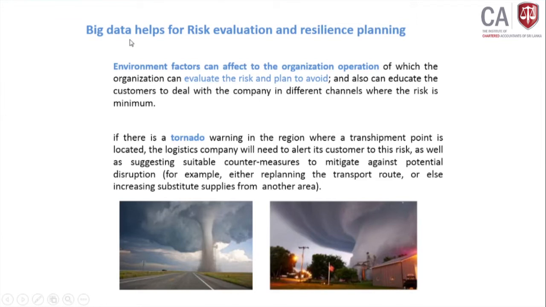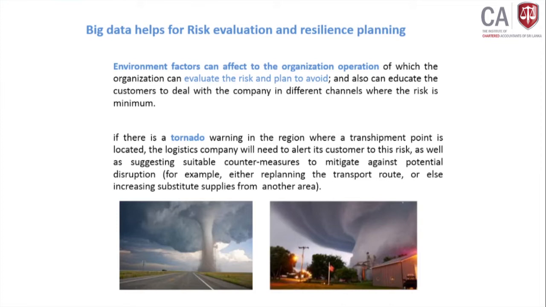Earlier, you know that because of the tsunami, most of the countries were demolished. Many people died. So why was it? Because big data was not used heavily at that time in order to identify the risk. So nowadays it is heavily used.